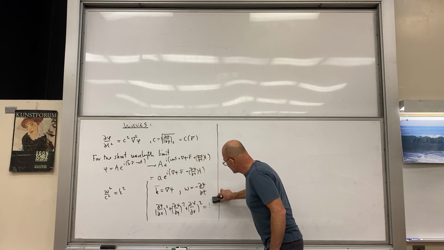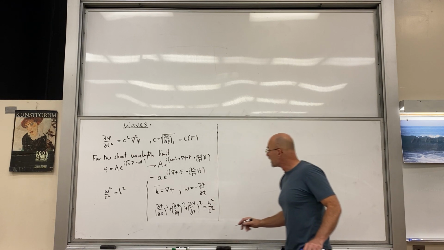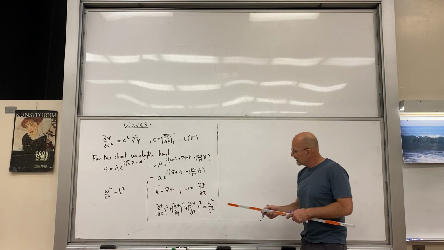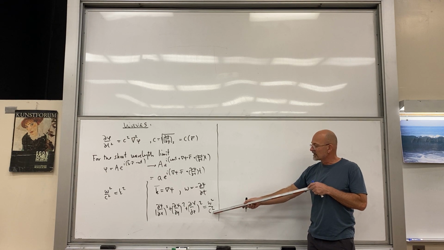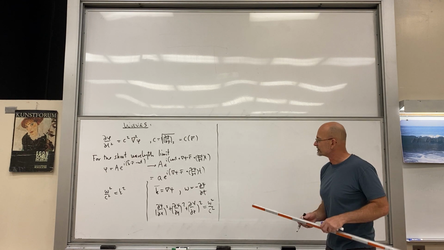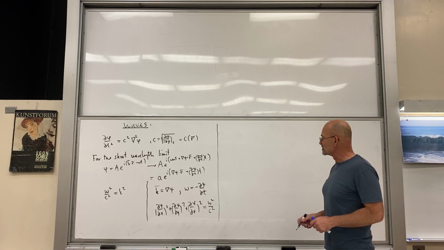And of course this was that function of position, right? Keep the omega constant, c is a function of position. So that's where that came from with the wave equation.